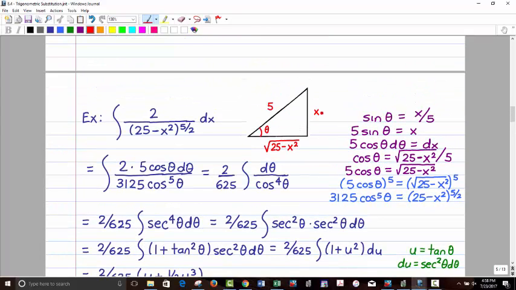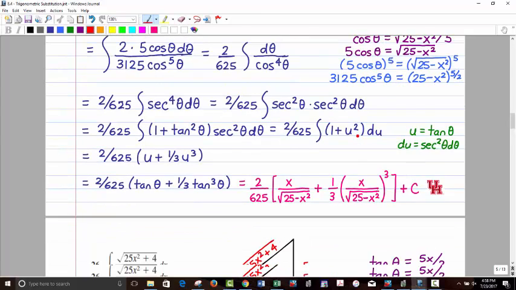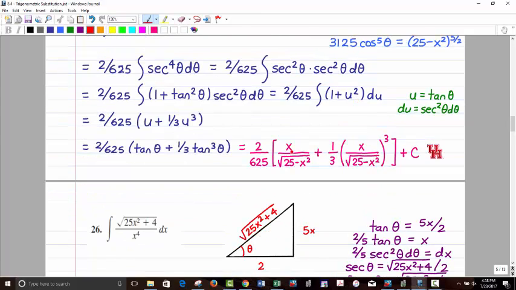Tangent is opposite over adjacent, so it's x over the square root of 25 minus x squared. So we replace that right here, x over the square root of 25 minus x squared, and then 1/3 of that term cubed will be the next part. Terrific.